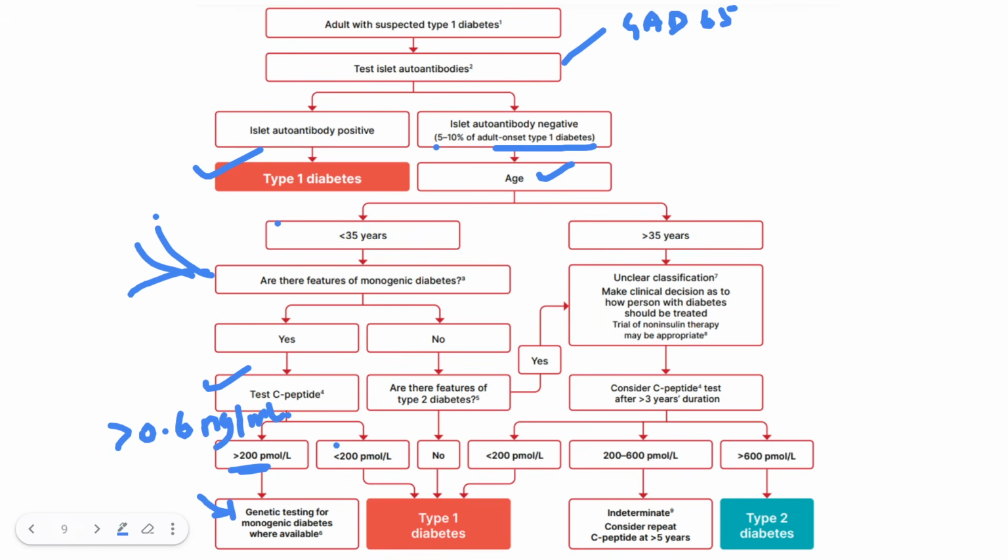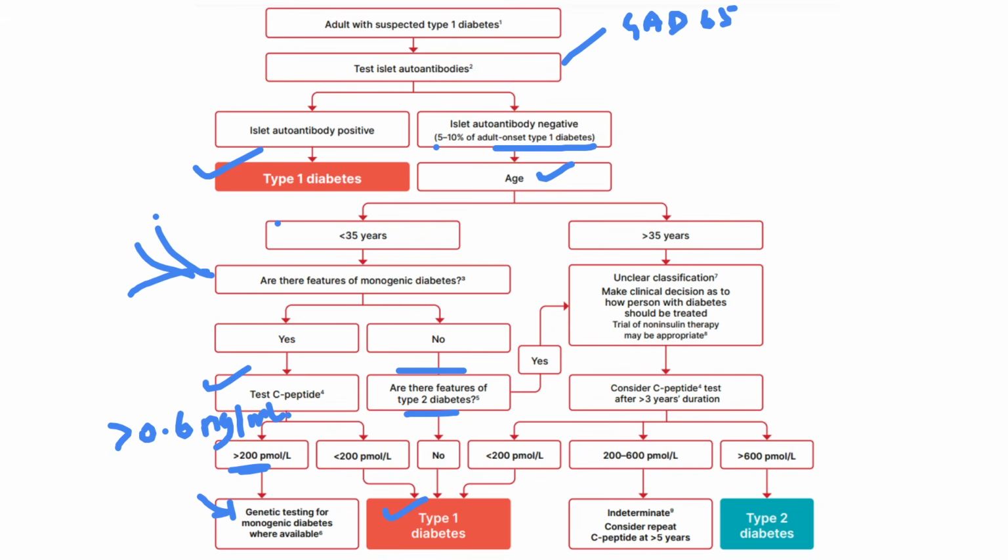If C-peptide is less than 0.6, then we can label it as type 1 diabetes, since these patients have absolute insulin deficiency. If there are no features of monogenic diabetes, then we see whether there are any features of type 2 diabetes. So what are the features of type 2 diabetes? BMI more than or equal to 25, absence of weight loss in the presence of uncontrolled hyperglycemia, absence of ketoacidosis, and less marked hyperglycemia as compared to type 1.